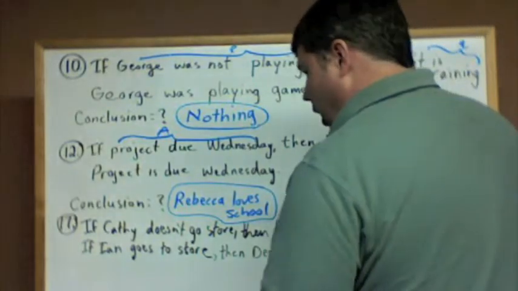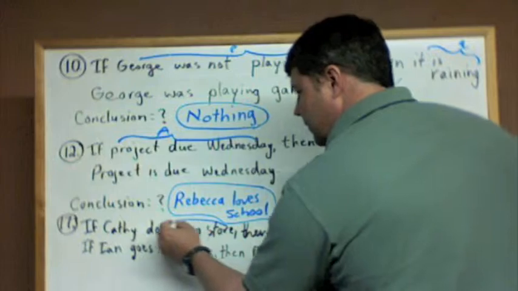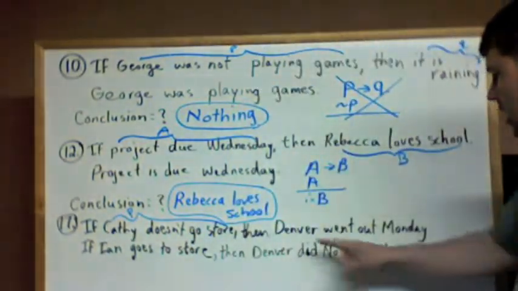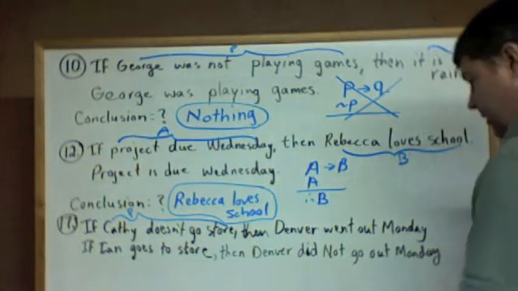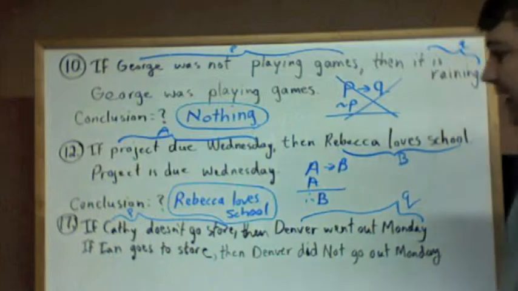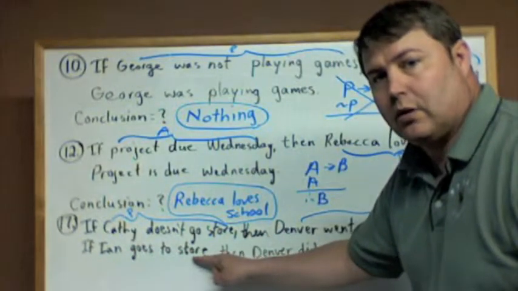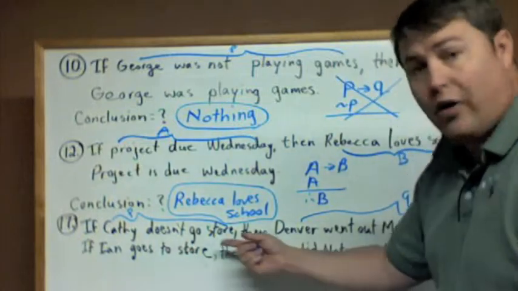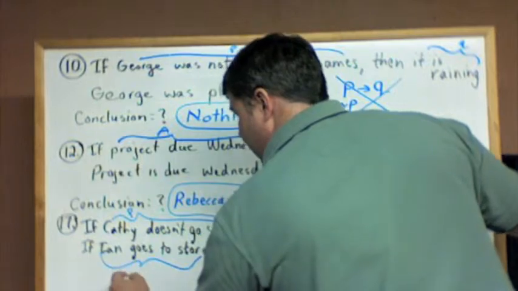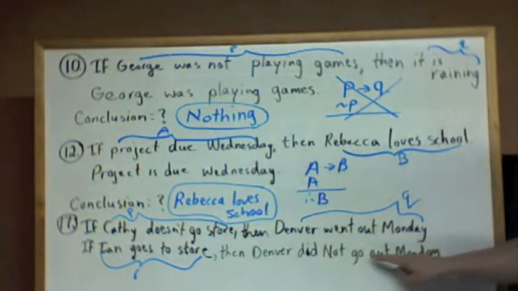Let us call Kathy doesn't go to the store P. Denver went out Monday, we'll call Q. Ian goes to the store. That's a whole other statement. So we'll call that R. P, Q, and R. You can call it whatever letters you like. That's R. Then Denver did not go out.